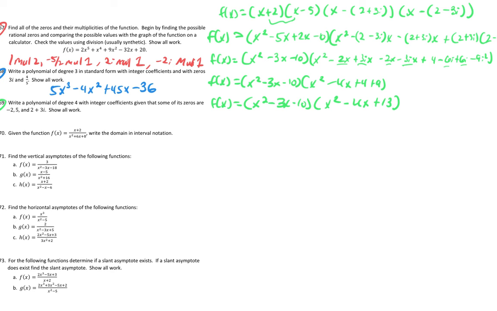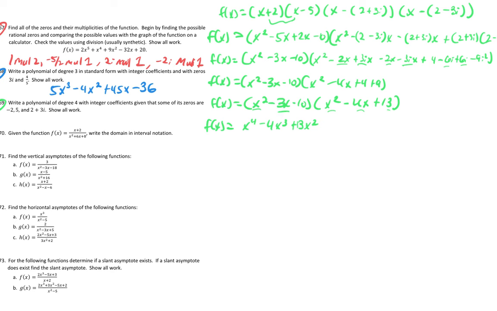Now we can do all the multiplication here. All right, so we'll multiply this by those 3, so we'll get x to the 4th minus 4x cubed plus 13x squared.